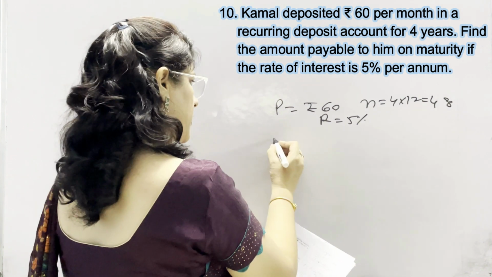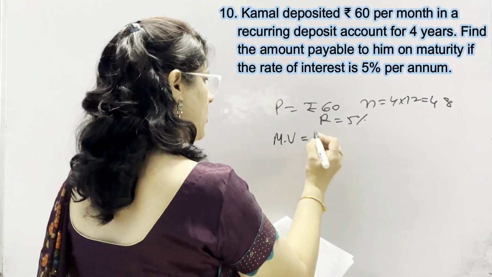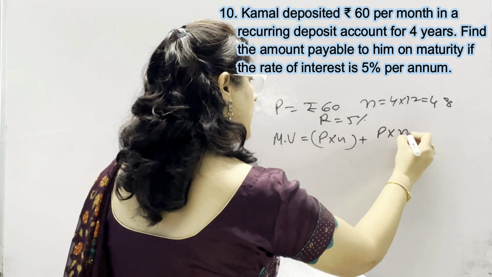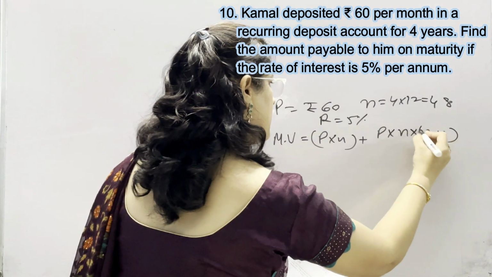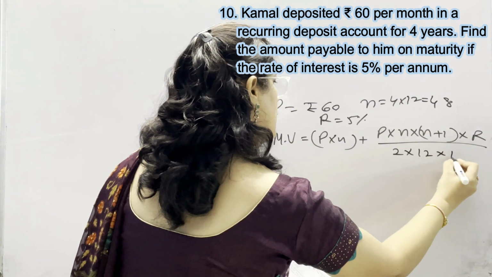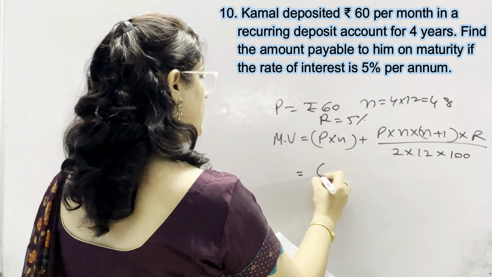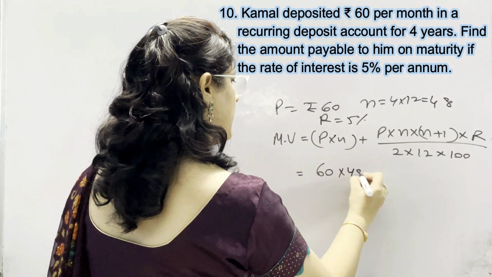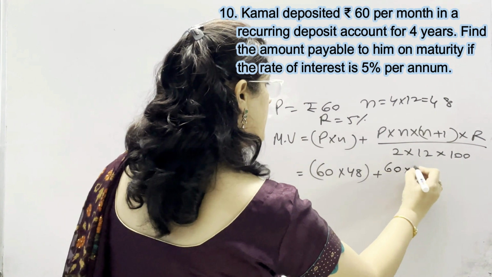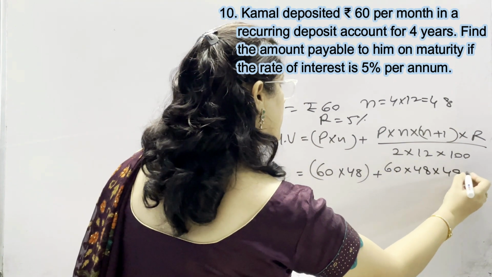So now maturity value, we have recently seen its formula, P into N plus P into N, N plus 1 into R upon 2 into 12 into 100. So what is the value of P? It is 60. Value of N is 48, so P is 60 into 48 into 49.